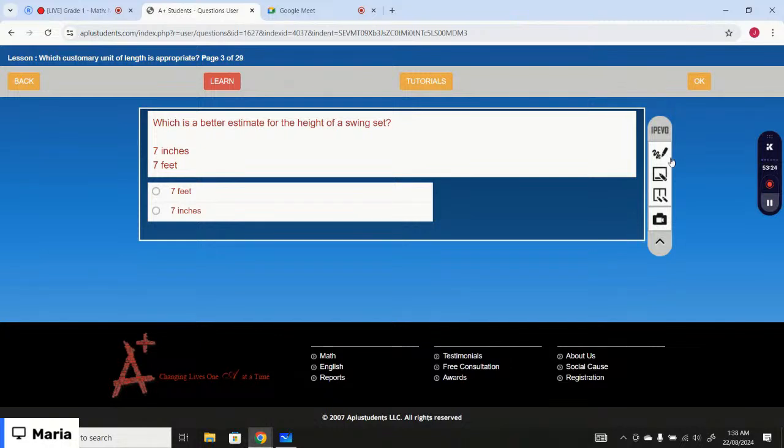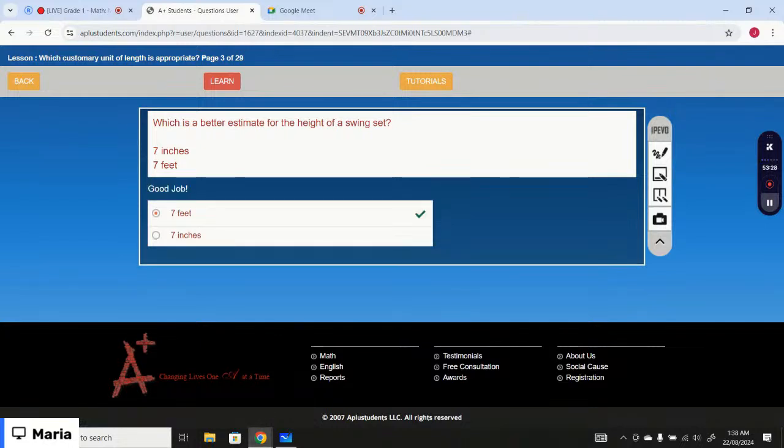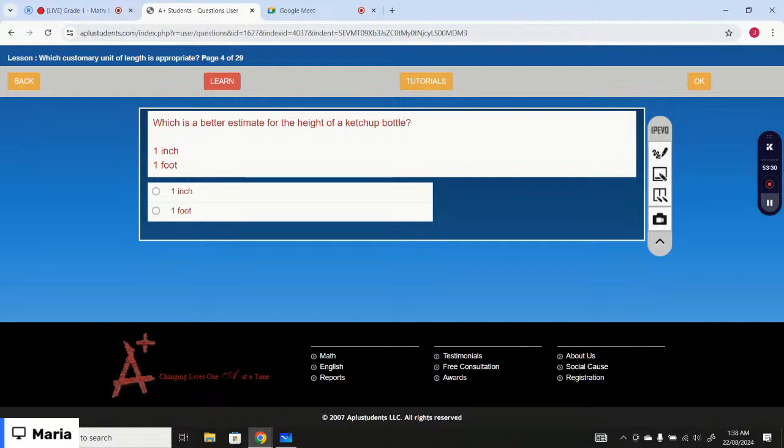Swing set, that would be 7 feet, because 7 inches is too small for the swing set, right? Which is a better estimate for the height of a ketchup bottle?